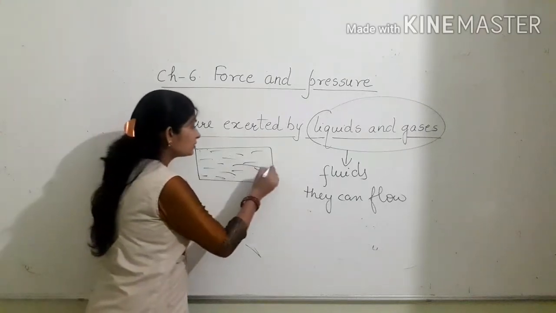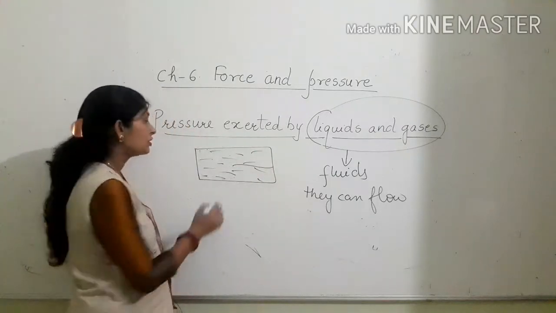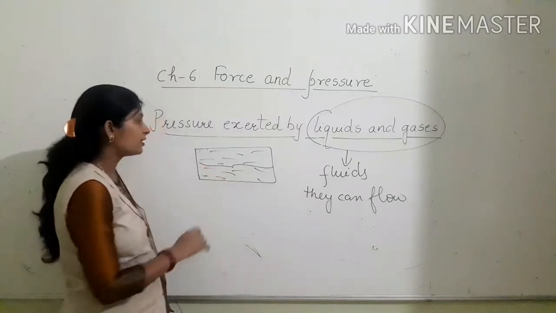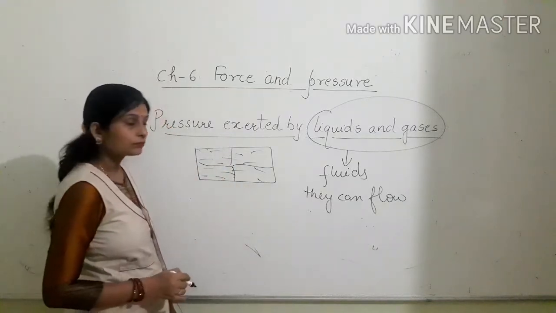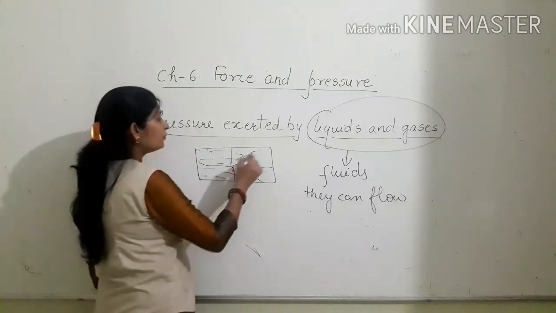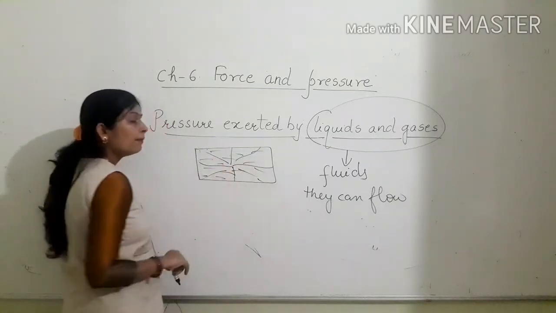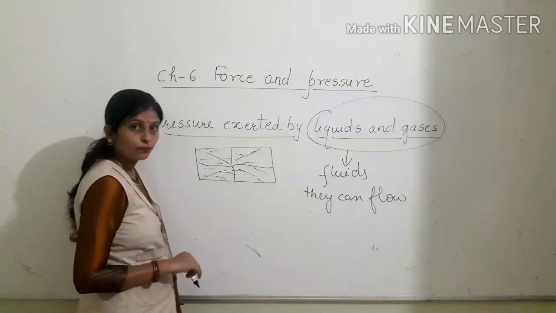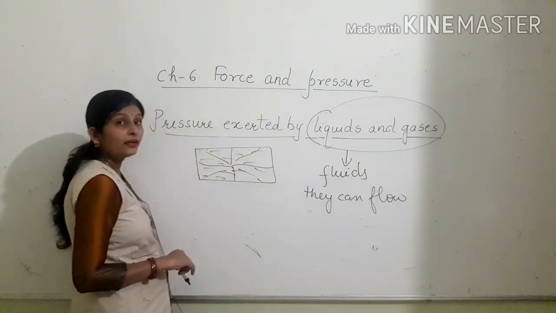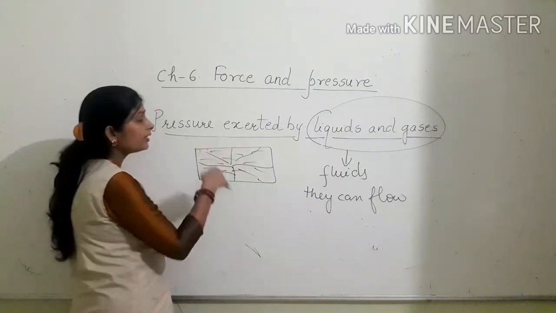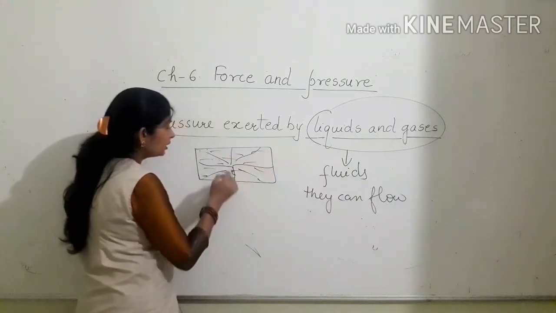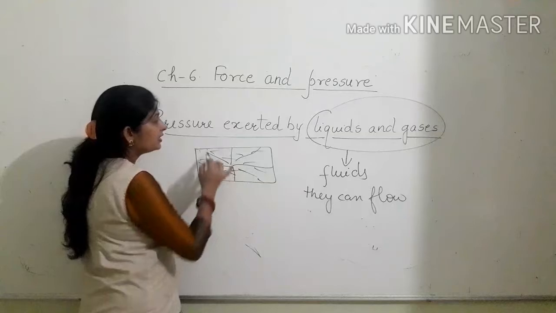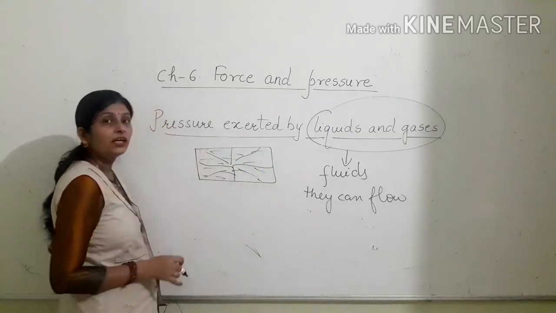It flows right, left, up, down, and in many other directions also. When it flows randomly in all directions, it strikes, collides with different surfaces of the container.